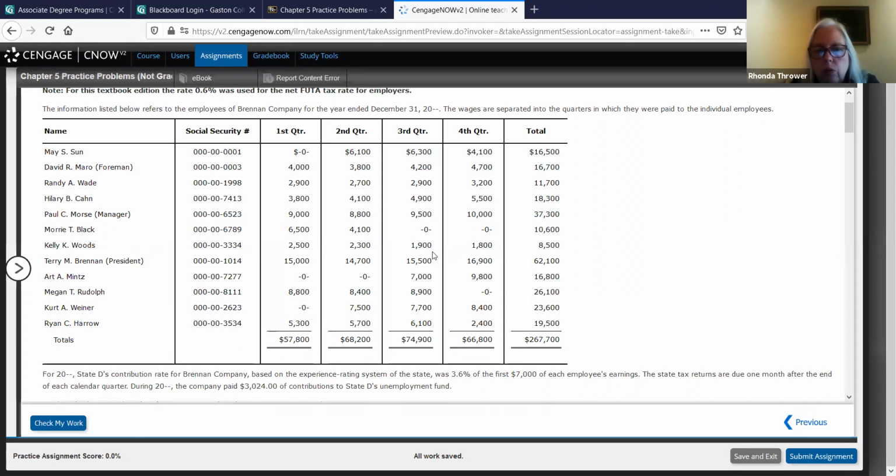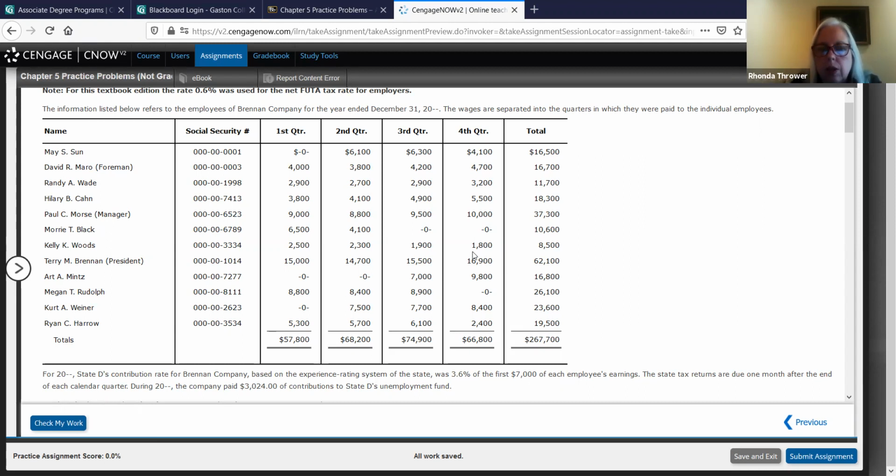So we're going to move on to the third quarter, which was 1,900. And in the third quarter, she had made $6,700. So only 300 of the $1,800 that she's paid in quarter 4 is subject to FUTA taxes.